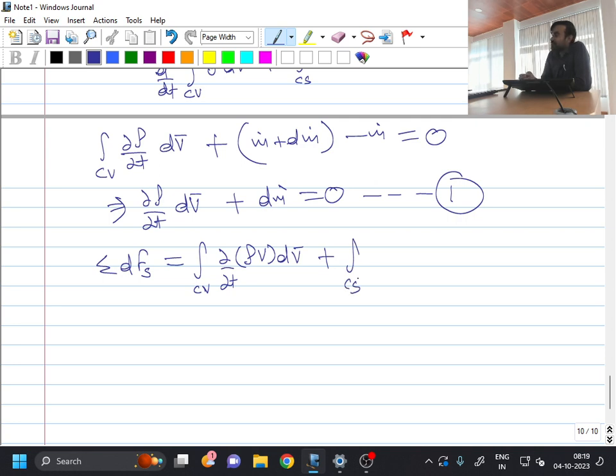The integral over the control surface of v times rho v vector dot n cap dA.